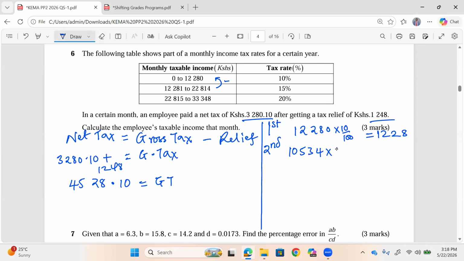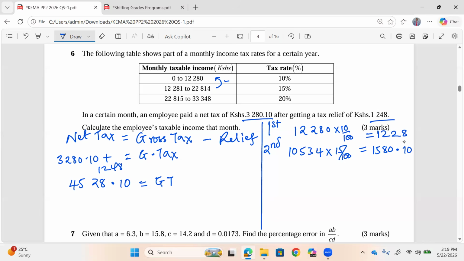This now is being taxed at the rate of 15%. So by 15%, this now becomes 1580.10.